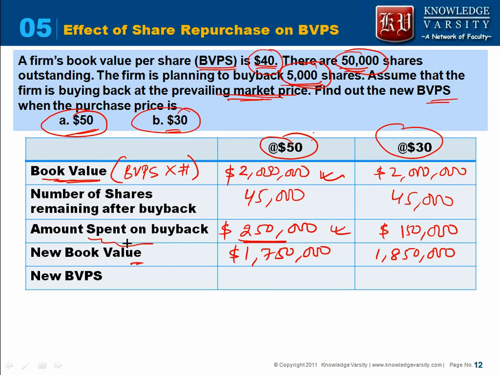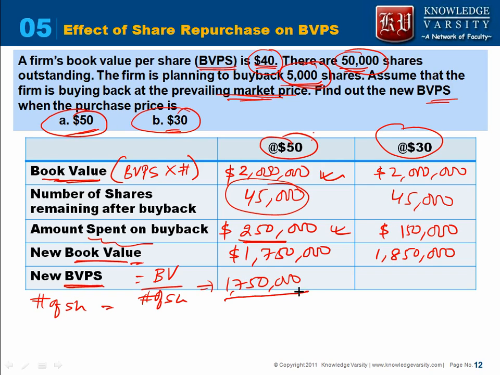Okay, so the new book value per share will be given as the new book value divided by the number of shares remaining, which we know is 45,000. So book value per share is book value divided by number of shares. Here it would be 1,750,000 divided by 45,000, and here 1,850,000 divided by 45,000.